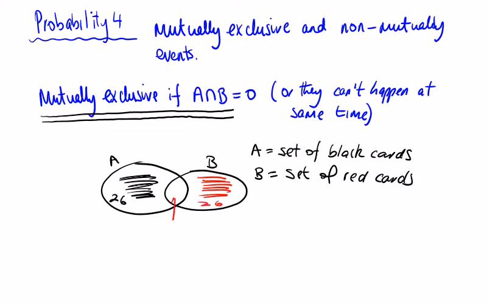So in the intersection, there is nothing. So we can say that these events are mutually exclusive. Now we should probably use squiggly brackets when we're drawing out sets.